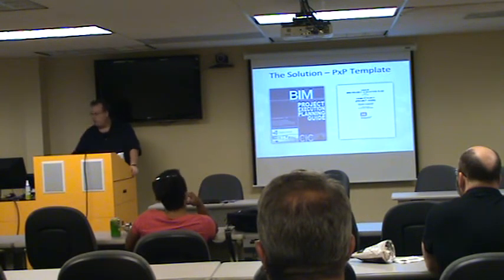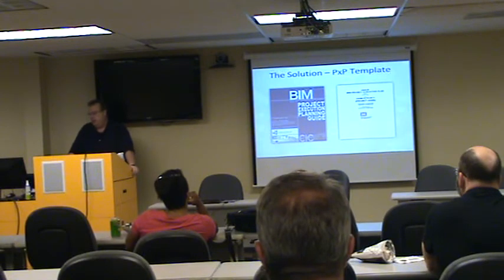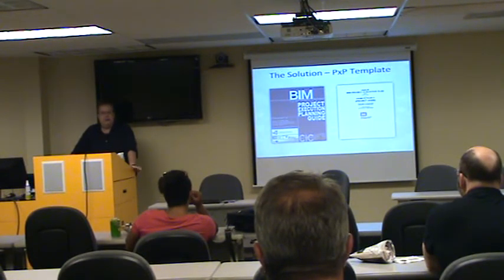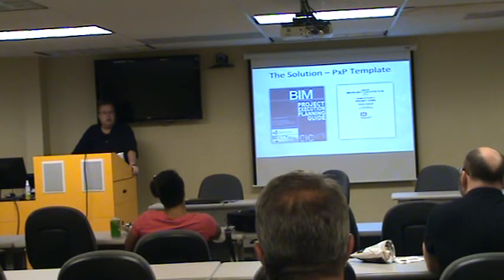So what we did is, the Penn State Guide is meant to be a template. They took the template and turned it into the Corps Guide. If you want to do this for your own internal processes, you can do that. The Penn State Guide has a Creative Commons license, which means that it's open source and you can use it as long as you cite where it came from.